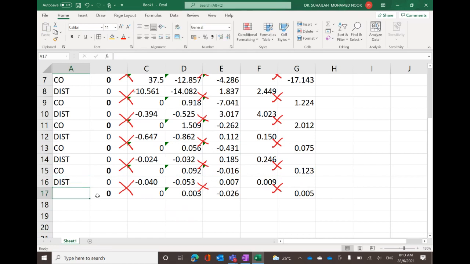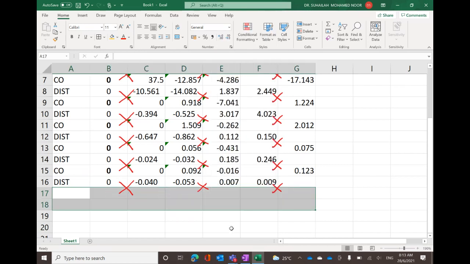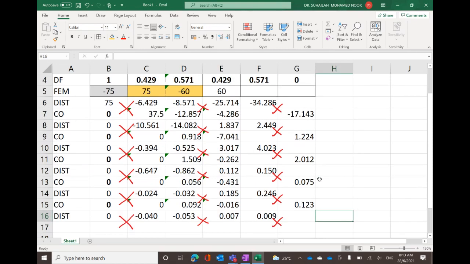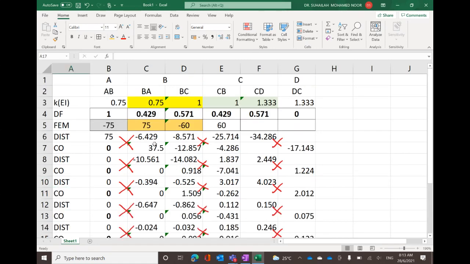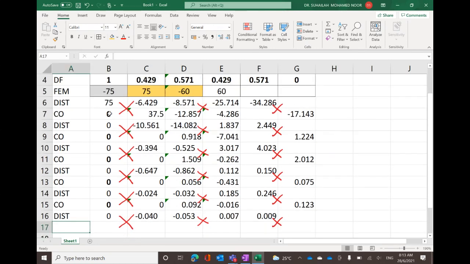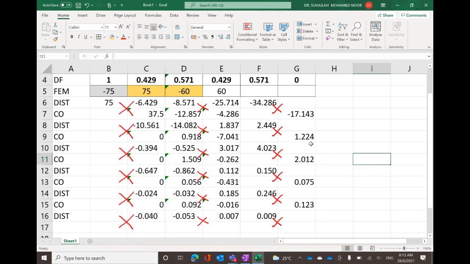Okay, so this one is distribution. And the last value must end at distribution. So this one I clear. Clear content. Okay, so here is all the value. So 0, 0, I want to clear as well because we don't need to put 0 in the table.